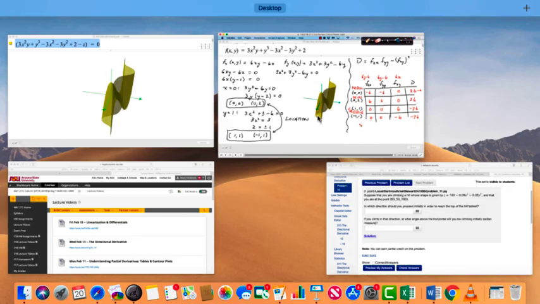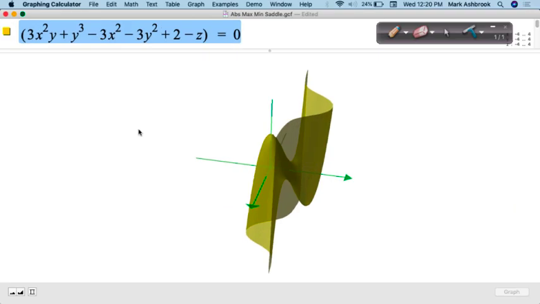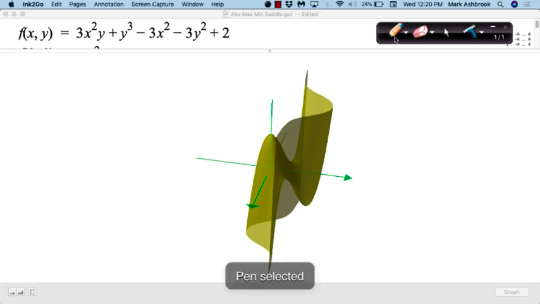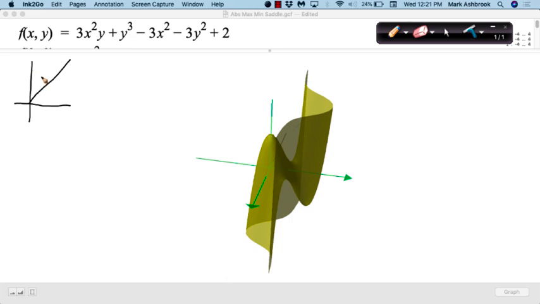Okay, so what I want now is the same function, but I want my constraints on x and y to be this: y equals 2x, y equals 0, and x equals 2.